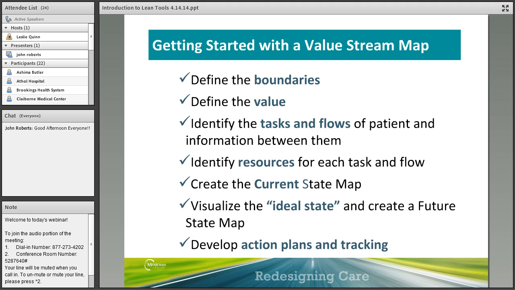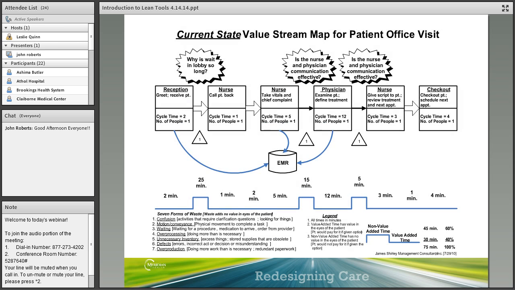So here's an example of a current state value stream map for a patient office visit. You can see the steps in the process as we go along. We see information coming from the EMR.